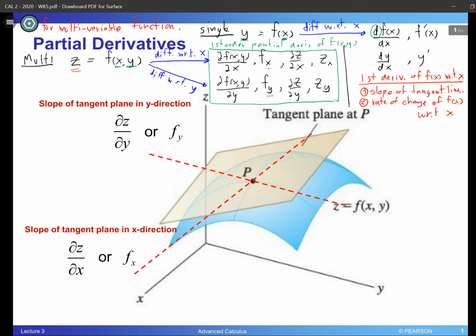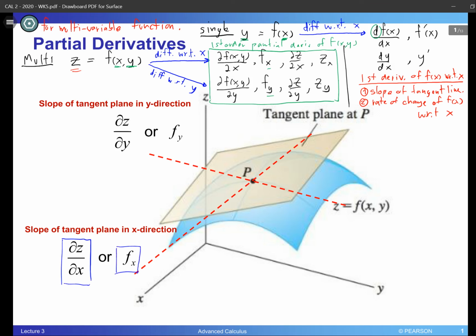So we have two sets of partial derivatives here, but if you have one more input value like w, then you are going to have another row of these partial derivatives. Now in terms of meaning, let's take a look at this dz by dx, the first partial derivative with respect to x, or you can use this f with the subscript x.